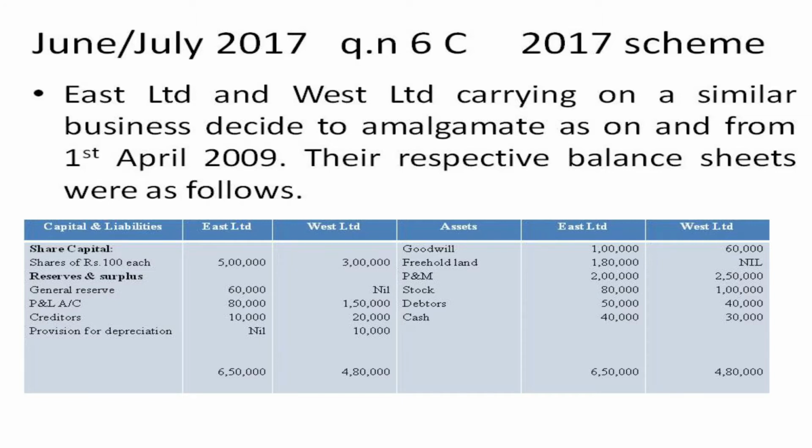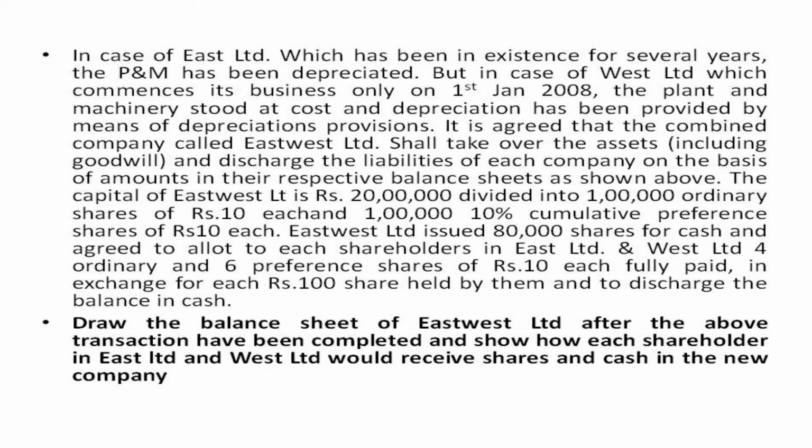Along with this, they have mentioned an adjustment: in the case of East Limited, which has been in existence for several years, the plant and machinery has been regularly depreciated. But in the case of West Limited, which commenced its business only on 1st January 2008, the plant and machinery stood at cost and depreciation has been provided by means of a depreciation provision.